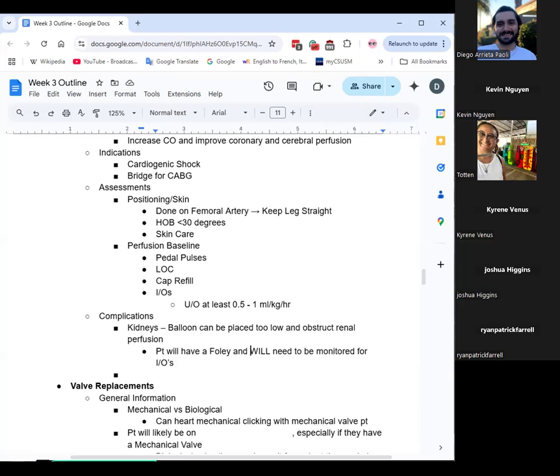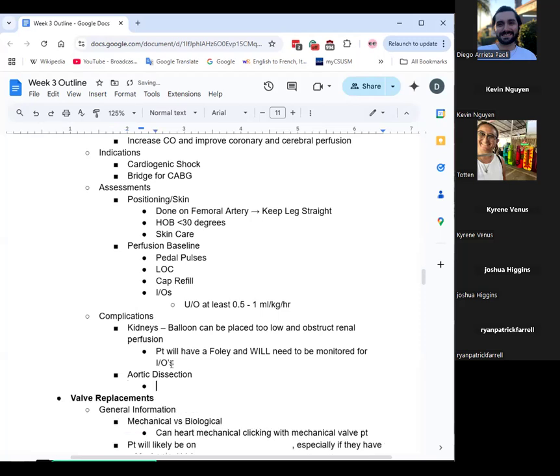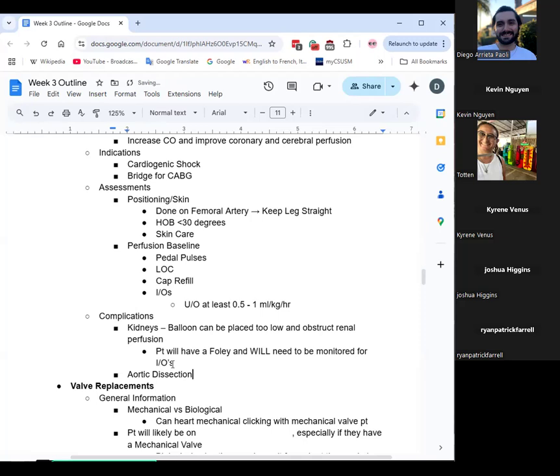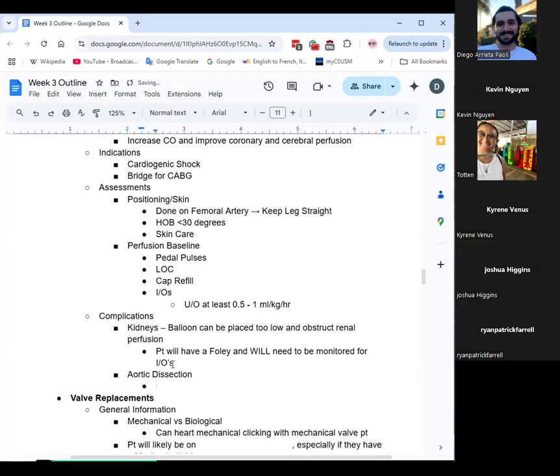Like Josh mentions, rupture of the aorta is possible because essentially you're harassing it so much, it can cause weakening of the vessel and that could cause a rupture. So that's another big complication that you are probably going to get tested on, as long as you're able to identify the honestly pretty obvious signs of it. So what are those signs?